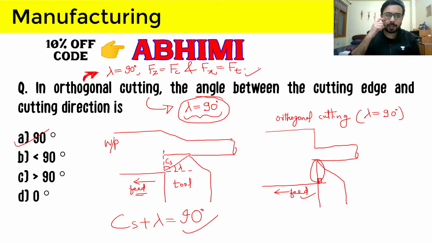Therefore we can take those values as FC and FT, and then use FC and FT to calculate other things like the frictional angle and shear force, and just draw the Merchant circle using that. So these are the three assumptions we have to make for orthogonal cutting, and the answer to this question will be 90 degrees.